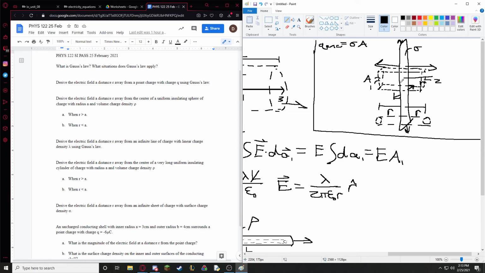Cosine of 90 is 0, so which area vectors are going to be perpendicular to our electric field? It'd be 3, 4, 5, and 6, right? Go ahead, Matt.